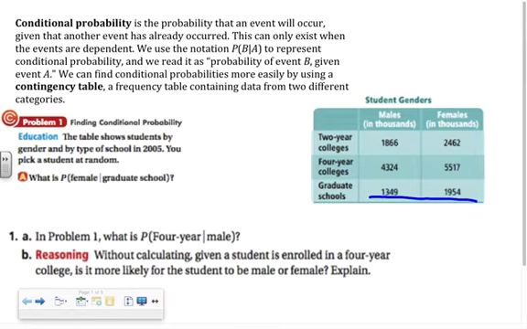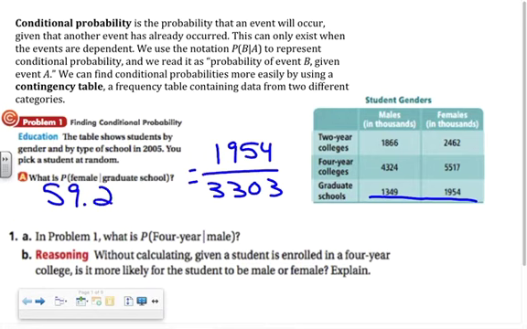I use my calculator to add that up. And the females in that category are my numerator. And when I evaluate that, it's 59.2%, approximately.